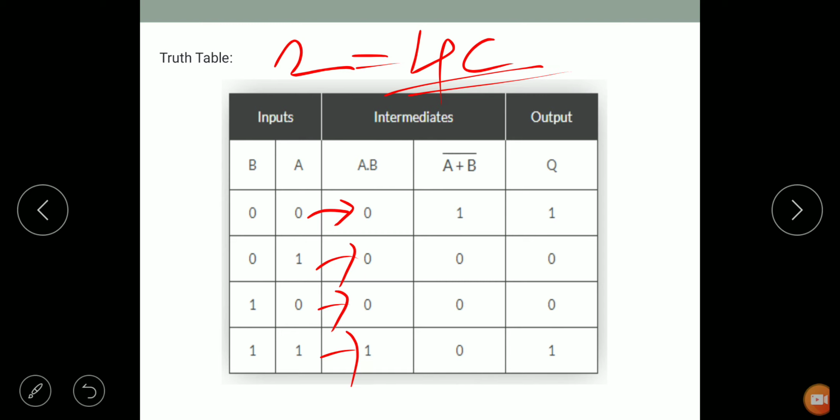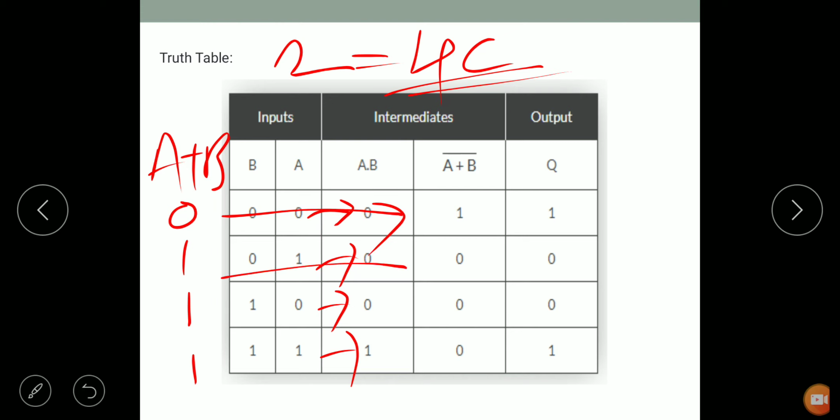Then A plus B whole bar. First we write A plus B: 0 plus 0 is 0, 0 plus 1 is 1, 1 plus 0 is 1, and 1 plus 1 is 1. So A plus B whole bar is 1 0 0 0.